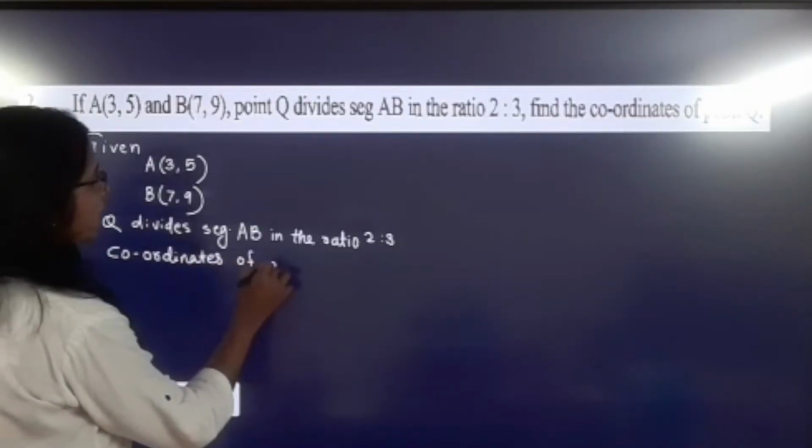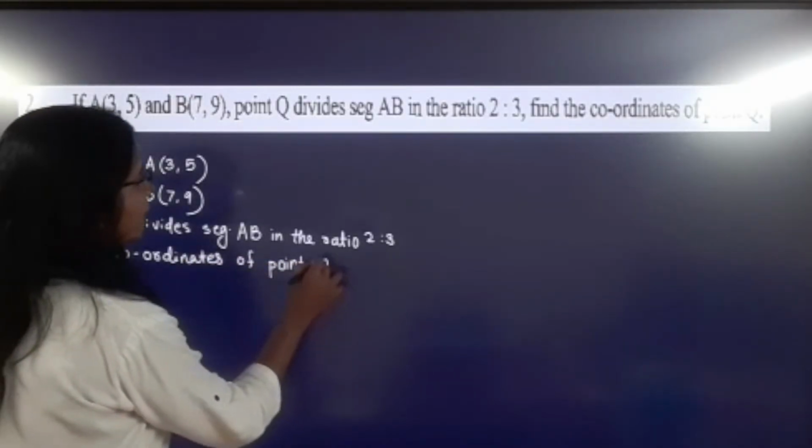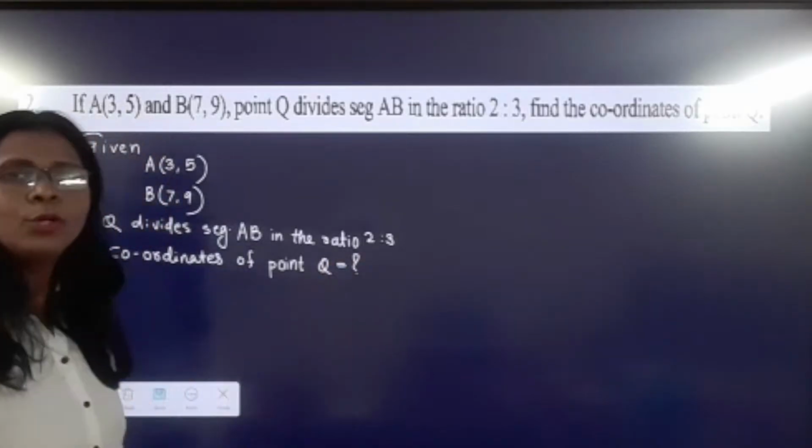Coordinates of point Q is equal to question mark.